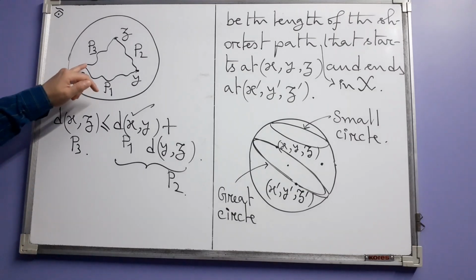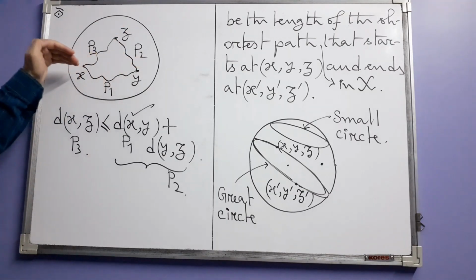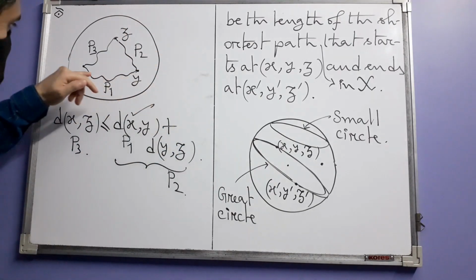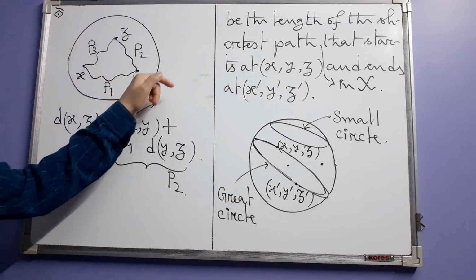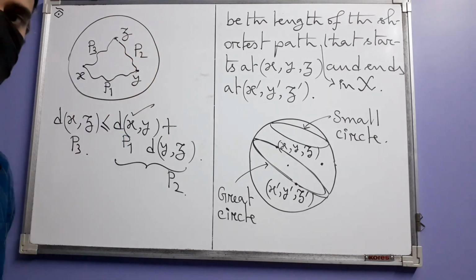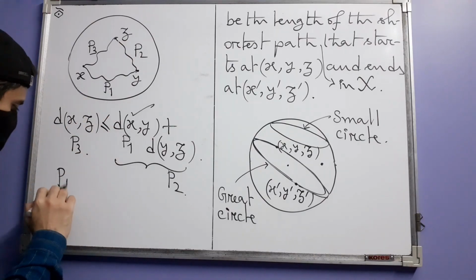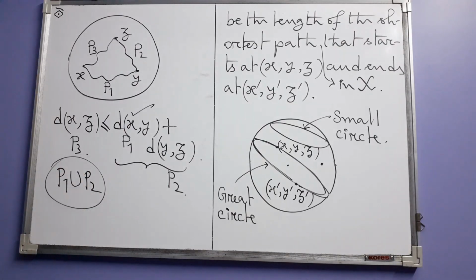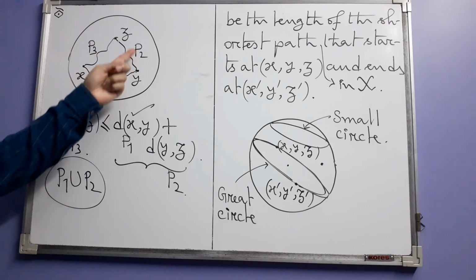Now instead of going from x to z along P3, we can also go along this path where we first follow P1 to reach y, and then from there we follow P2 to reach z. That is also this, which I can write as P1 union P2. This is possibly another different path to go from x to z.